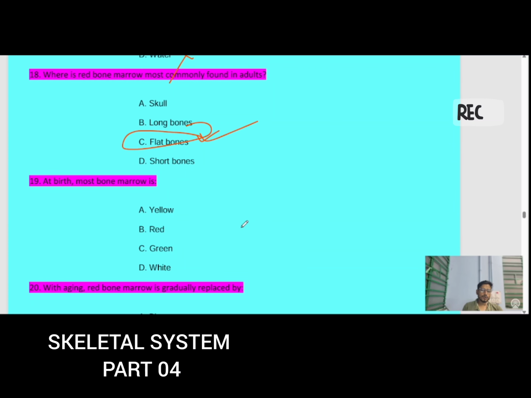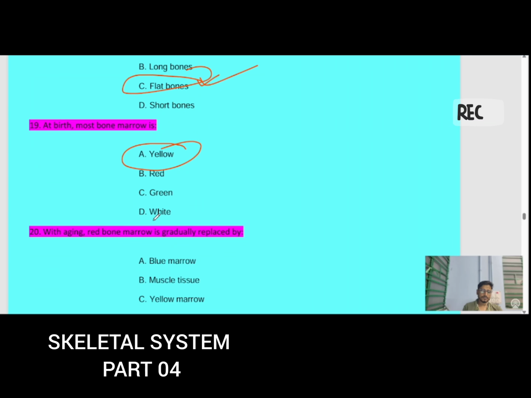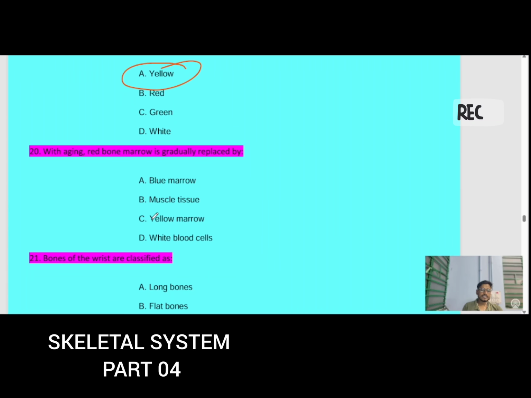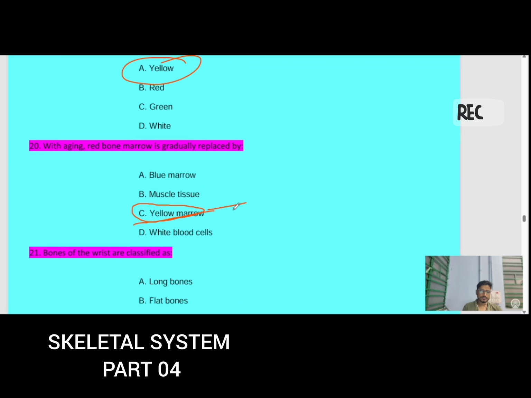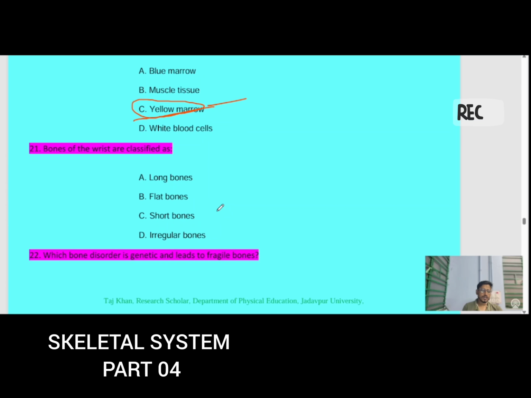At birth, most of the bone marrow is red bone marrow. With aging, red bone marrow is gradually replaced by yellow bone marrow. Okay. Bones of the wrist are classified as short bones.